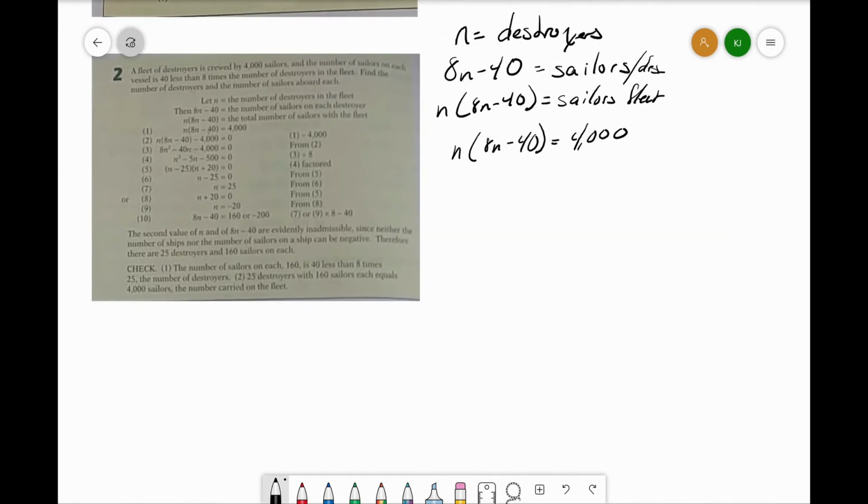So then we know that n times 8n minus 40 is going to equal 4,000. So from here we can start moving things around. We can subtract 4,000 from both sides and multiply n into 8n minus 40. So that will leave us with 8n squared minus 40n minus 4,000 is equal to 0.